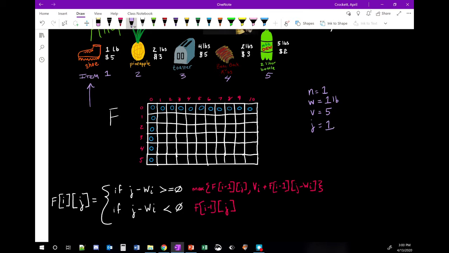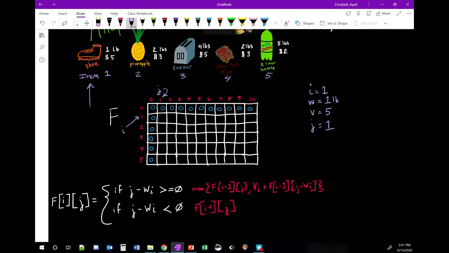Okay, so J is our column, and that's what we're starting. So I'm going to put J up at the top. It is our current column number. And I, so I should say I instead of N. We'll just do that. I, which speaks to item 1, the shoe, is referring to the row.